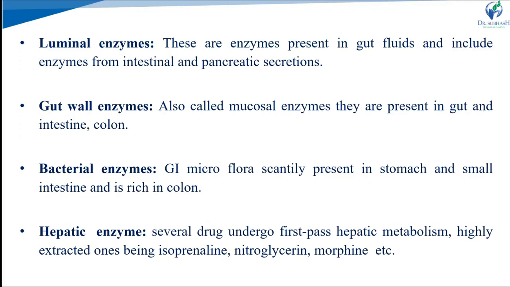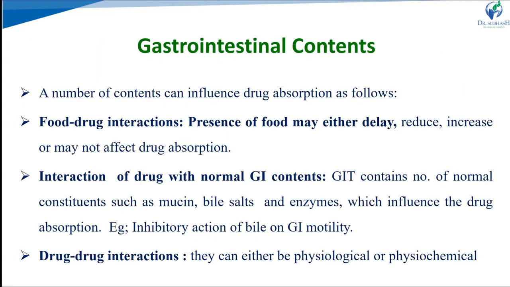Hepatic enzymes: several drugs undergo first pass metabolism by hepatic enzymes, such as cytochrome P450, through which major drugs are metabolized. That also affects the rate of absorption of a particular drug.